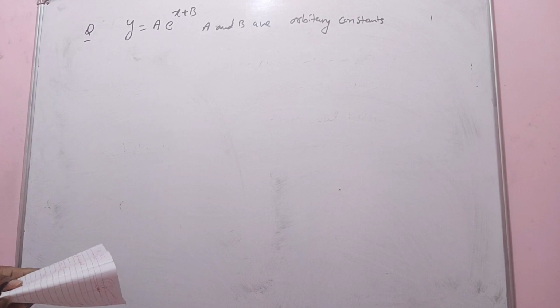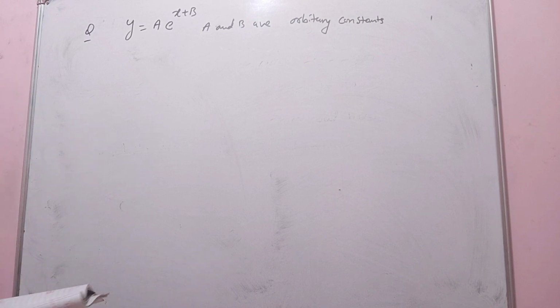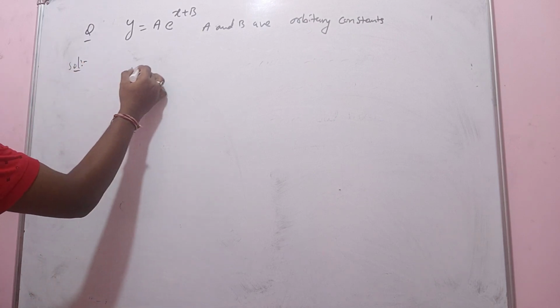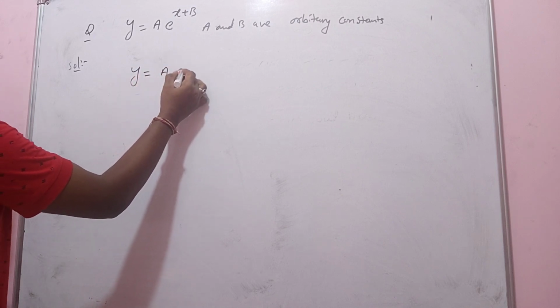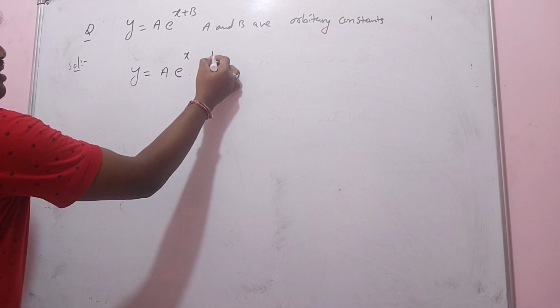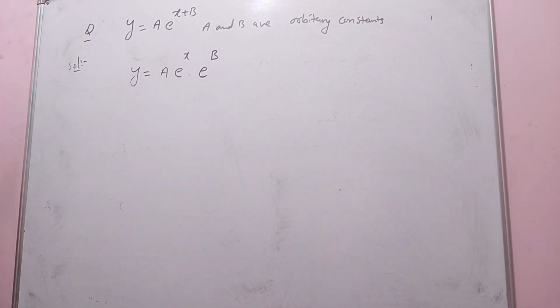So let us first solve this problem. You want to find the differential equation. Let us take the given family of curves, y is equal to a into e to the power of x plus b. Can I write this as a into e to the power of x into e power b?